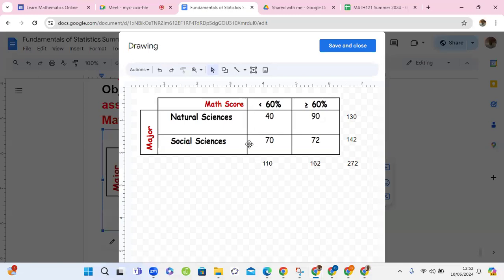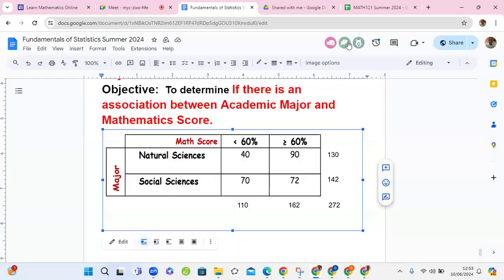As you can see, we have calculated the row totals, 40 plus 90, 70 plus 72. And the column totals, 40 plus 70, 90 plus 72. And the grand total is either 130 plus 142, which gives you 272, or 110 plus 162, which gives you 272. So you can calculate the grand total either way. Now we can use that to calculate our expected values.